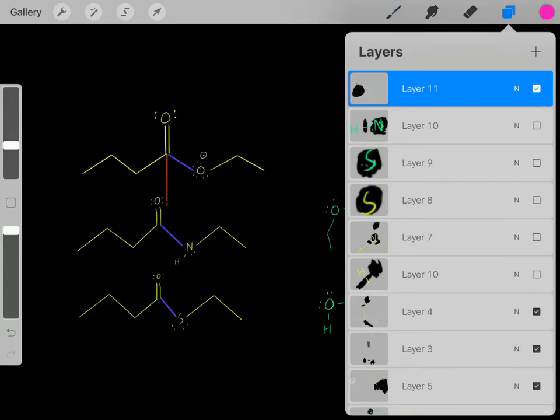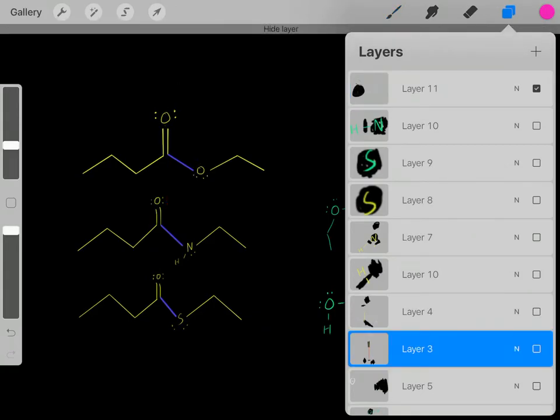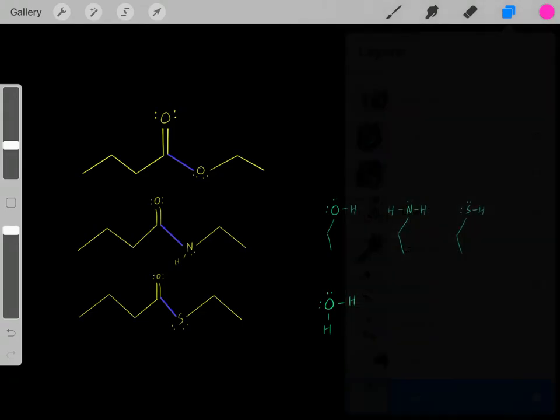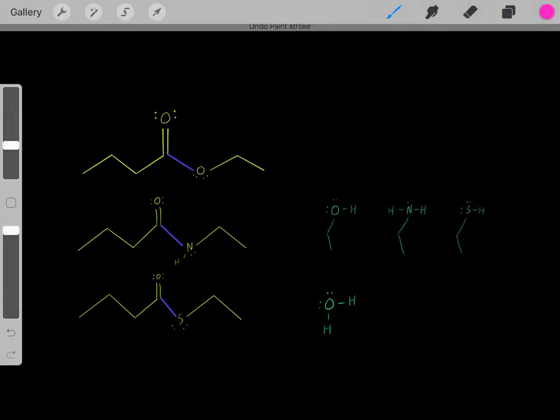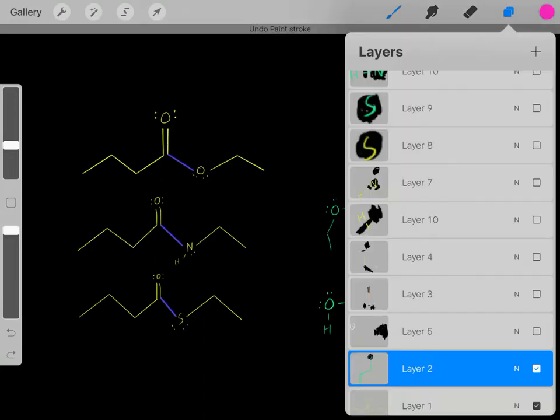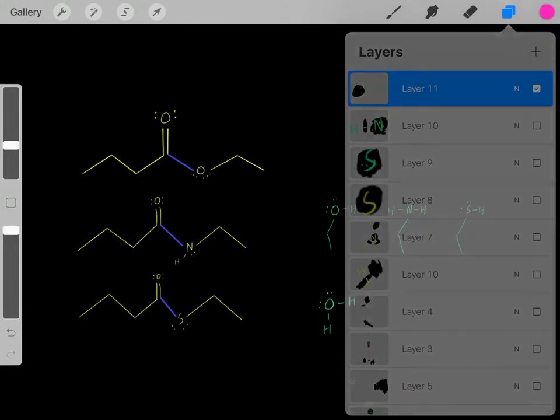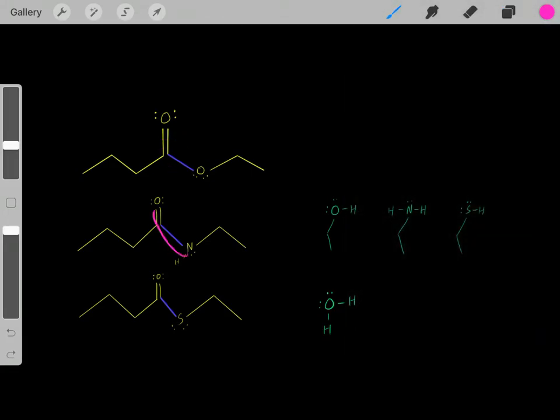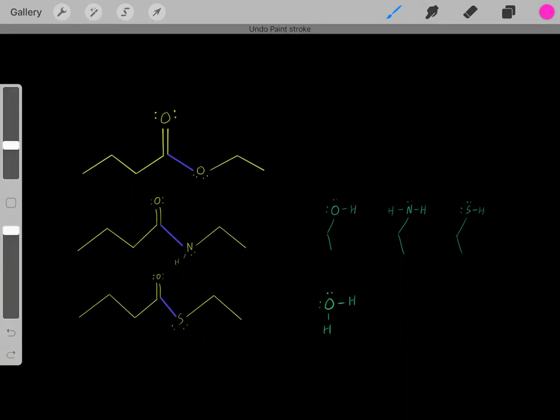What's important, essentially, is to realize that there are three major types of bonds you'll see in biochemistry. You'll see these ester bonds, these amido bonds, and these thioester bonds over and over again, and you'll see these different nucleophiles, whether it's an oxygen, nitrogen, or sulfur nucleophile.